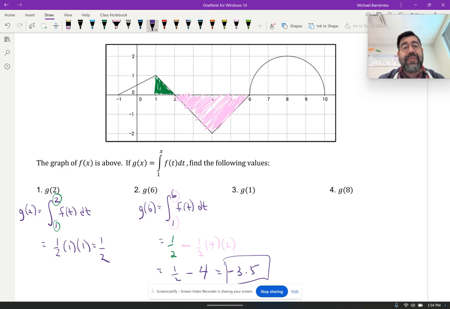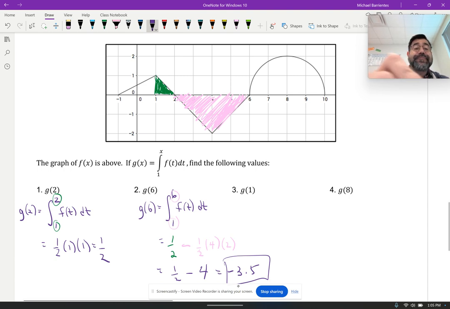Now, if you think about it, there's more pink area that's negative than green area that's positive. So when I put them together, I'm going to have a negative answer, right? Because there's more negative accumulation. This tells me exactly how much there is, negative 3.5. That's how much extra there is. Because the bottom part would be negative 4, the top part would be positive 1/2, and then subtract and you're done. Okay, this seems pretty straightforward.